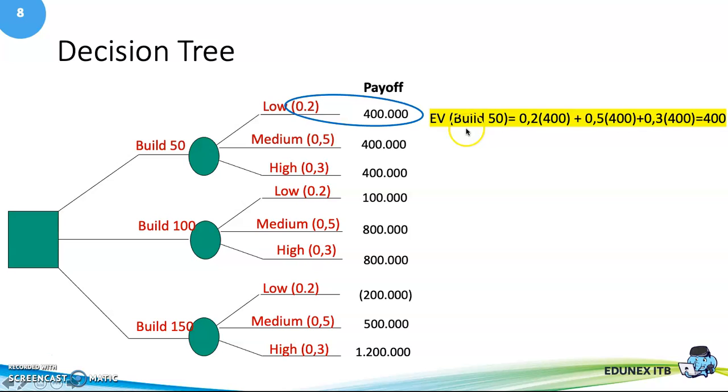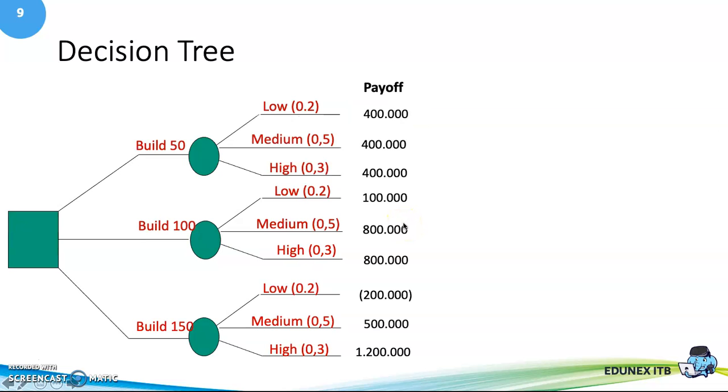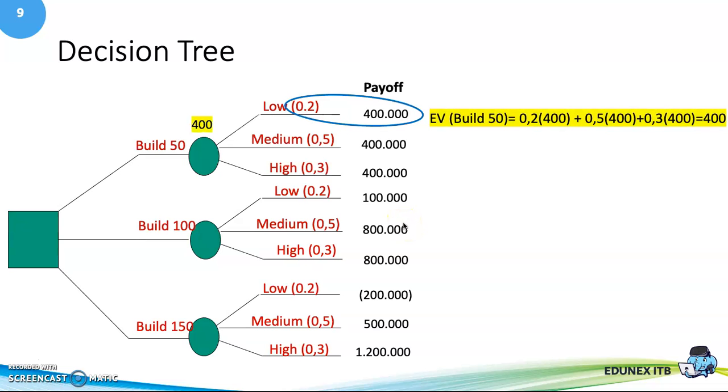The expected value if you want to build 50 units of houses is the probability of low times its payoff, then 0.5 times its payoff, and the demand high times its payoff. Then we get the expected value for building 50 units of houses, which is 400. How about the next expected value? So we put it here.